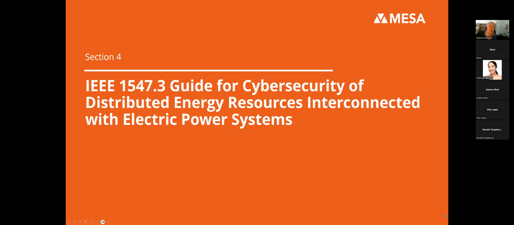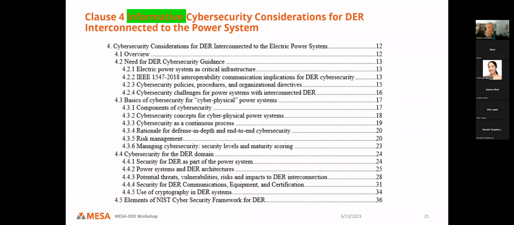It has gone through all of the balloting and is now in the hands of the IEEE to do the final processing, but it should be published fairly shortly, certainly by the end of this year, hopefully in Q3, and so it will become a standard as a guide. It's got recommendations, not shall statements, for DER cybersecurity.